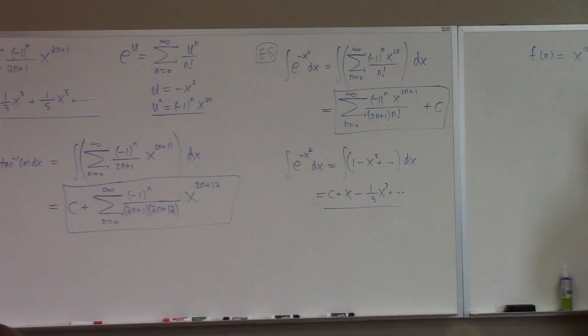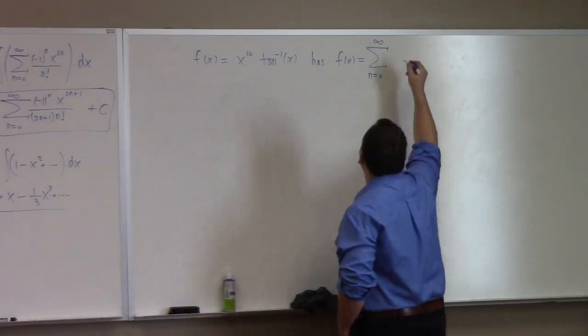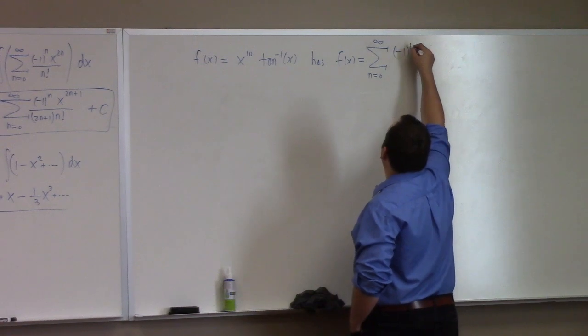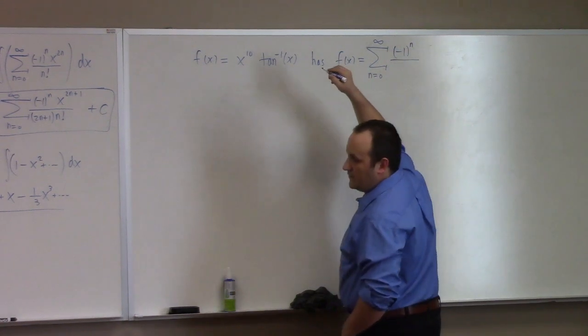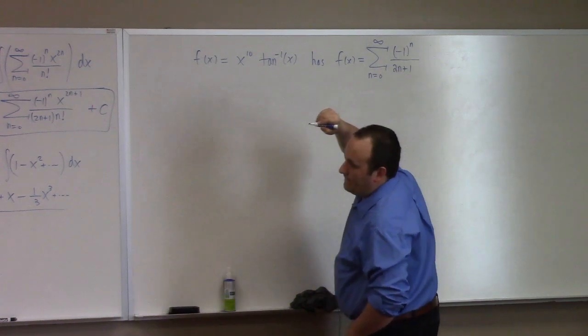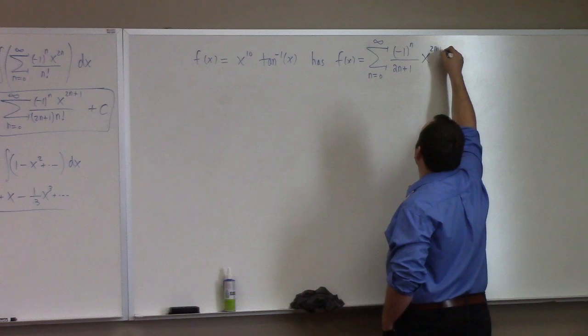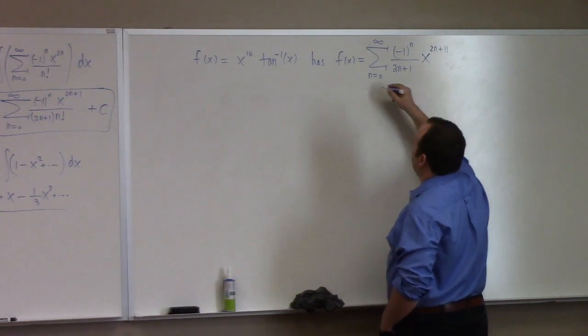Sum n equals 0 to infinity. What is it? Minus 1 to the n over 2n plus 1, x to the 2n plus 11. Right?